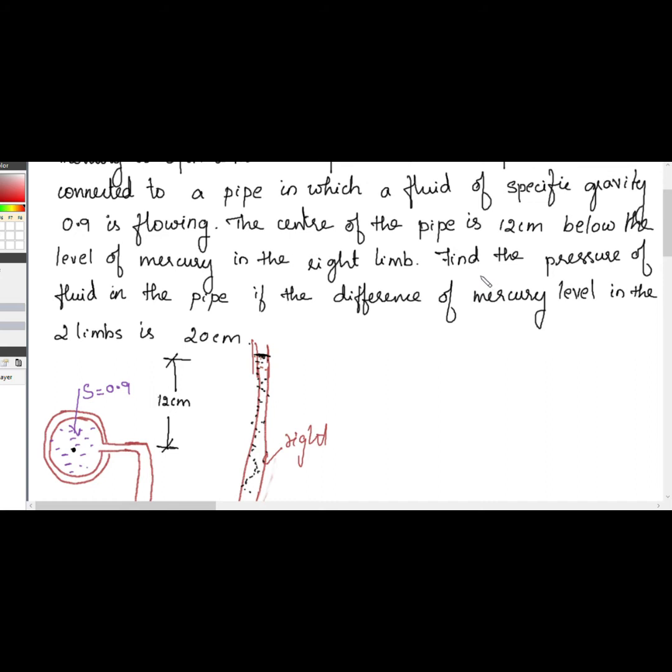Now we are asked to find the pressure of the fluid in the pipe if the difference of mercury level in the two limbs is 20 centimeter.